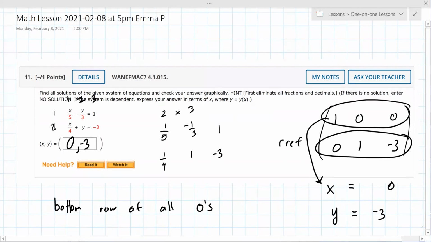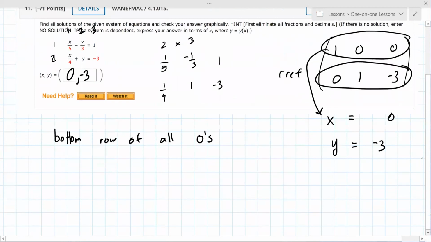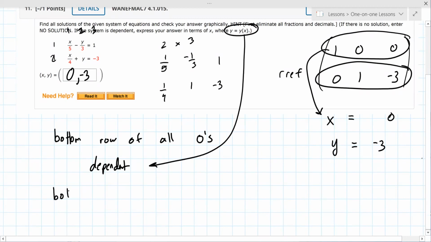The bottom row of all zeros means that the solution is dependent, and that's when you use y equals y of x, but we don't have that here. If the bottom row looks something like this, zeros, and then there's a 1 on the right, that means there's no solution.